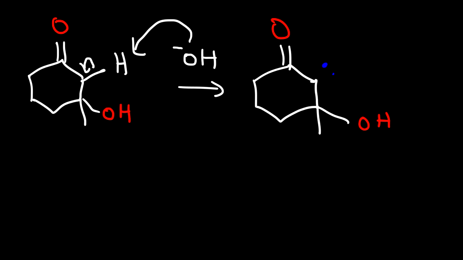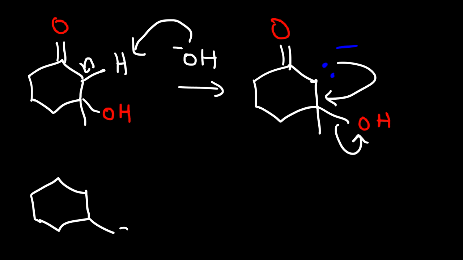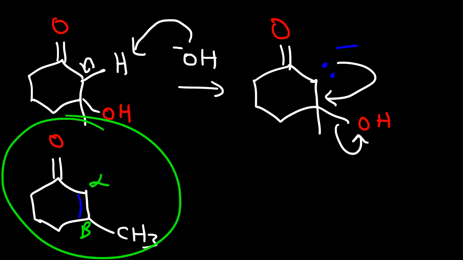Now in the next step, we can eliminate the hydroxyl group. So now we have our final product, which looks like this. So we have a CH3 here on the beta carbon and a ketone at the top and a double bond between the alpha and the beta carbon. And so this is the product.